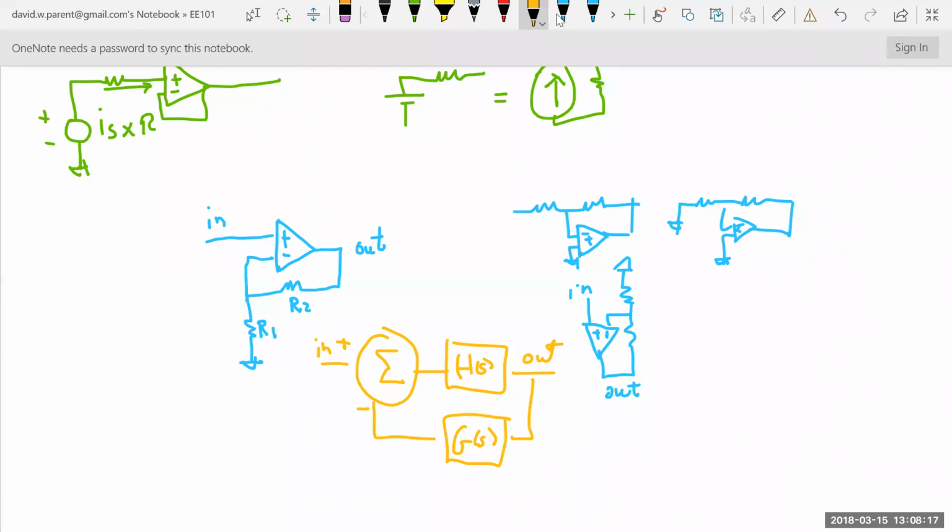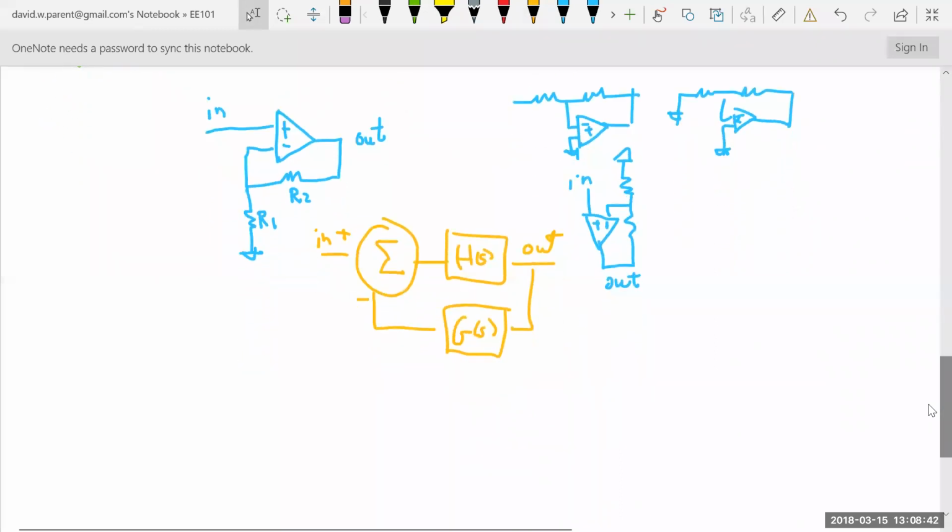This GS is just voltage division, and this HS can be a variety of things. So it could be that's just the way they liked it. Now, I tend to draw my circuits this way and the signal flow diagrams this way. I don't know. Seems better to me. So let's assume we don't recognize this circuit for what it is.